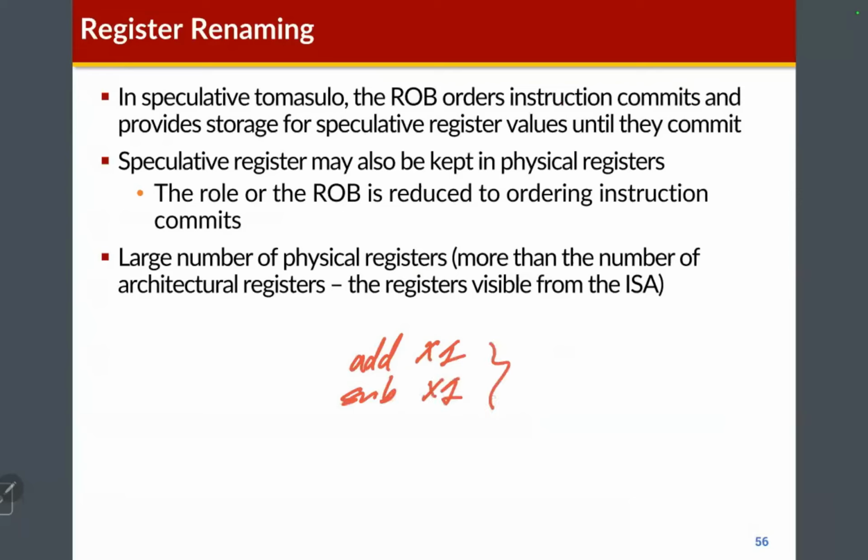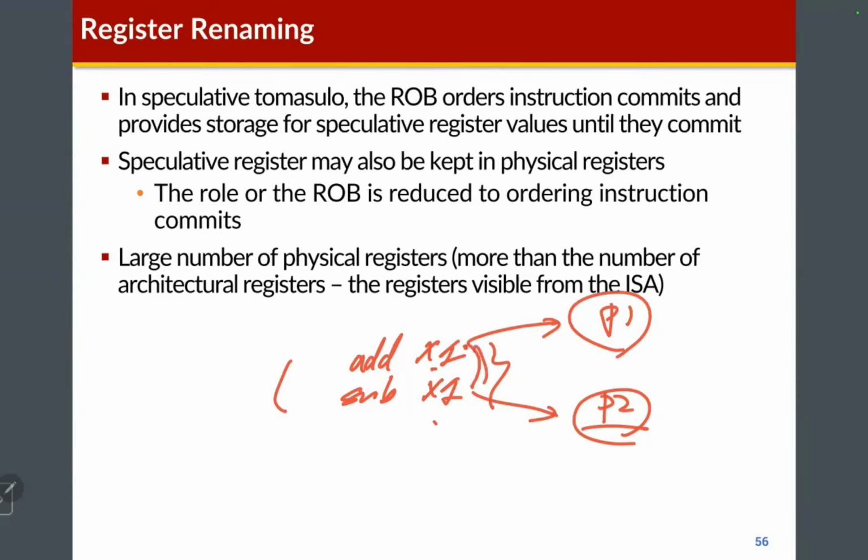Even though the architectural register number is the same, the data can be stored in different places, like P1 or P2, which are physical register numbers. With this technique, we can use the larger physical registers and distinguish the different data by different instructions. So we can apply register renaming with the larger physical registers. Okay.